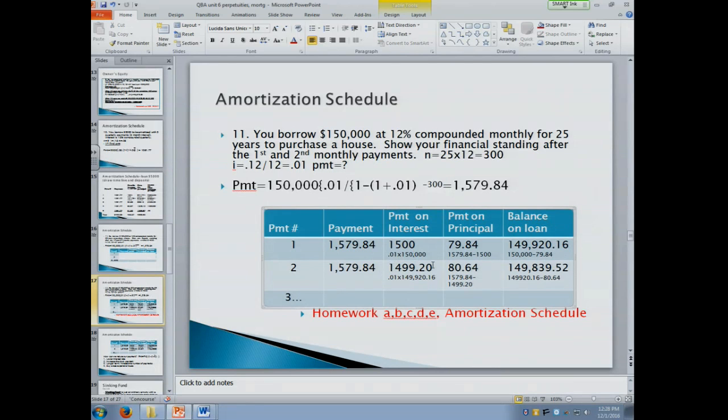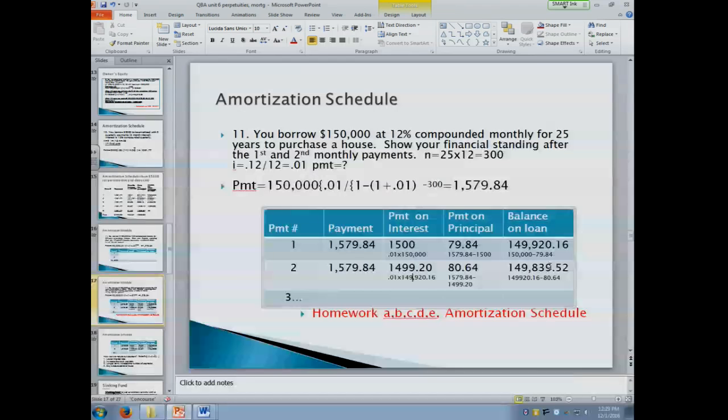$1,499.20 goes towards interest. If we subtract payment minus interest, now we're paying down $80.64 against our principal. So we don't owe $149,920.16. We owe that amount less the $80.64.